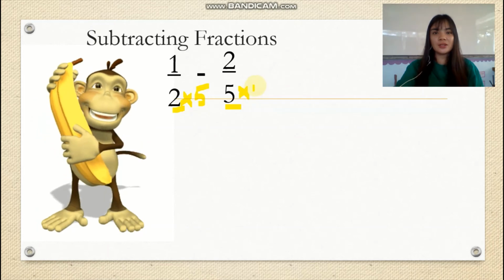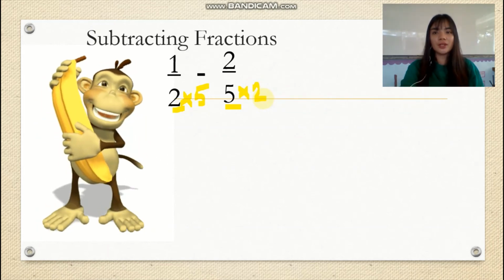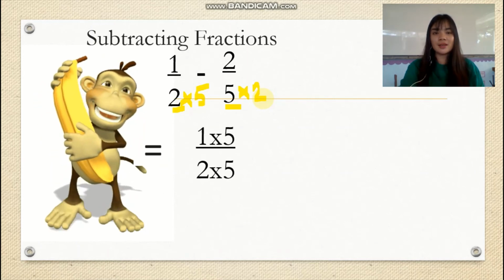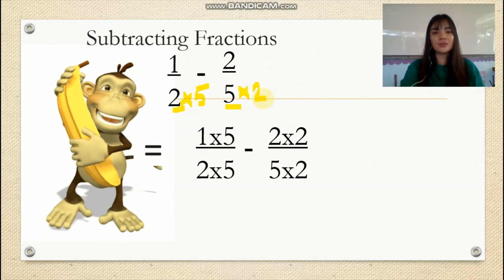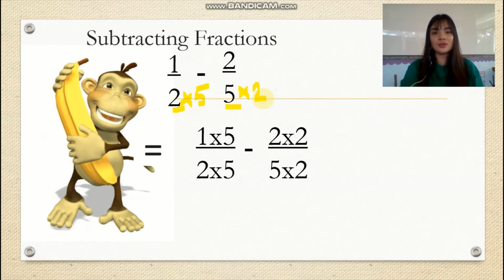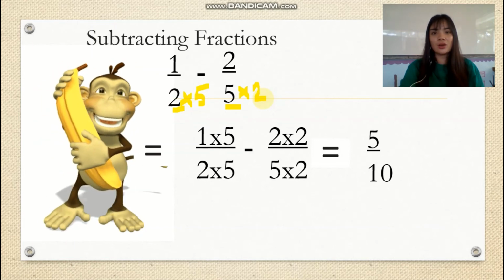What can we multiply it by 5 to make it 10? It is 2. Now we can multiply our numerators. So 1 times 5 minus 2 times 2. So 1 times 5 is equal to 5, minus 2 times 2 is equal to 4.